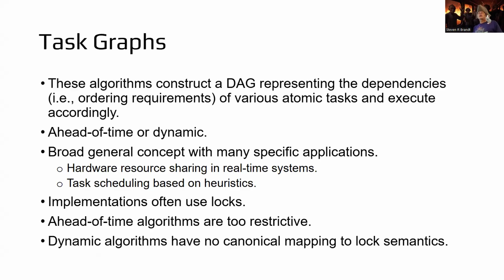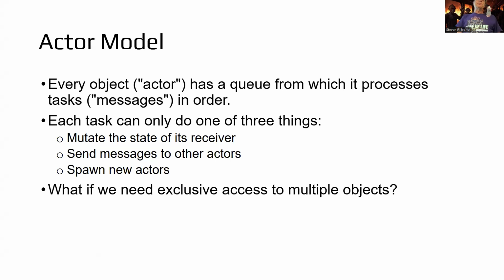So, there are systems that use these in various ways, but they wind up very often using locks in their implementation, even though potentially there should be a way to avoid them. The actor model is a thing that you should be familiar with from our last lecture, right? And the thing that I'm going to propose here is kind of an actor model.